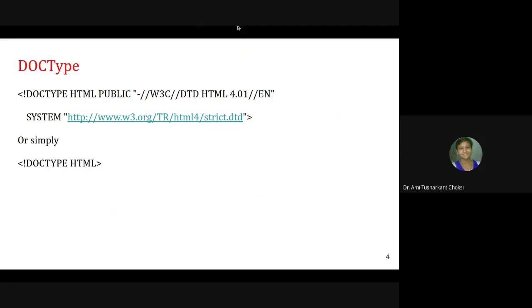And there we can write this way, that is less than exclamation doc type HTML, then public, dash 2 slashes W3C, again 2 slashes DTD HTML4.01 slash double EN system, and the DTD, that is document type definition, right?